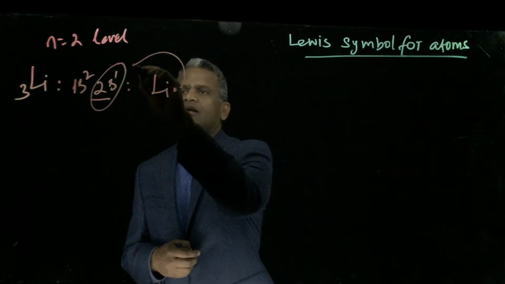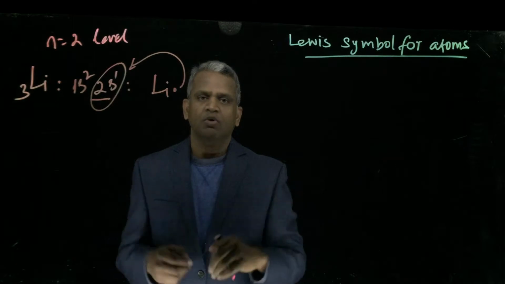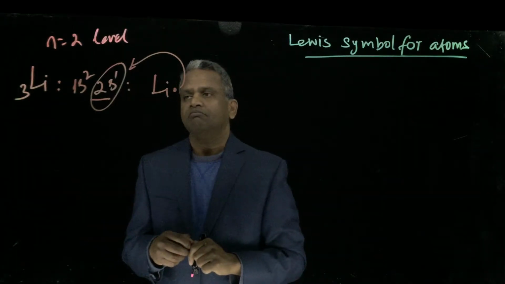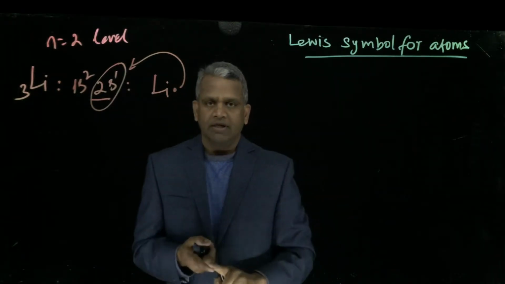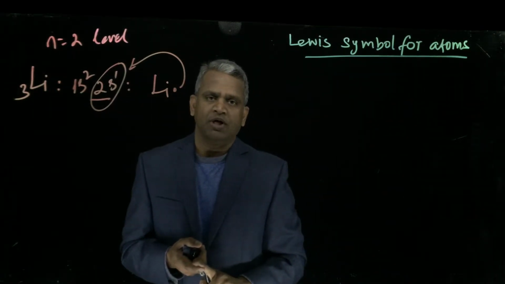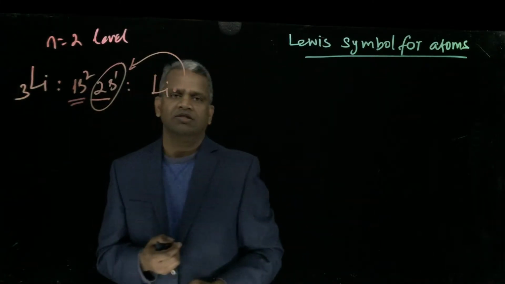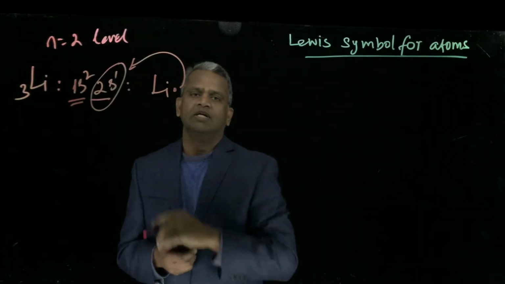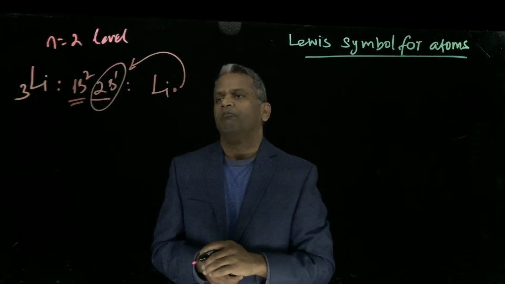This dot represents the lone electron sitting on the outermost shell of the atom. And this Li represents the nucleus of the atom, which contains the protons and the neutrons, and the core electrons. So this is the Lewis symbol for the lithium atom.